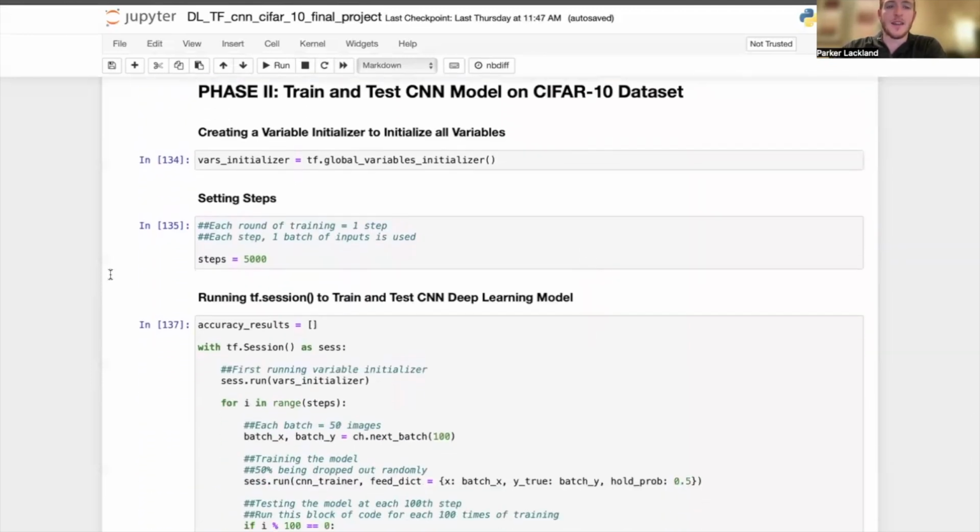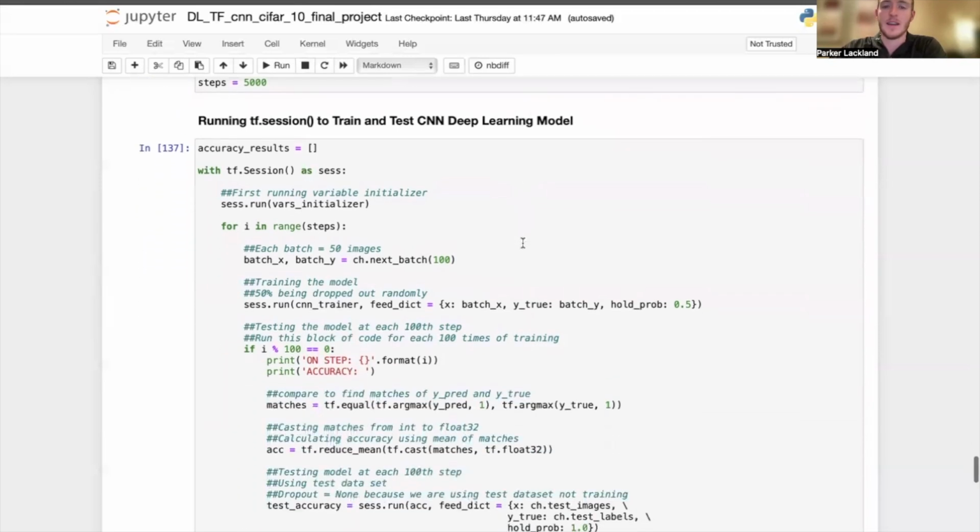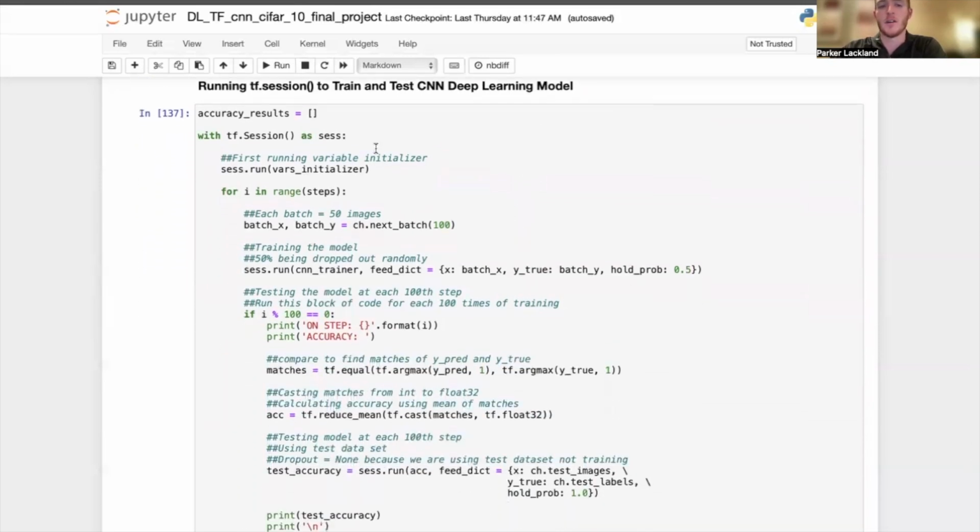Now, phase 2 is the actual training and testing of the model that we've created the functions for. Now, the variables are initialized. The steps have been set to 5,000, which was asked of us in our initial model architecture. And then the final training session is run.